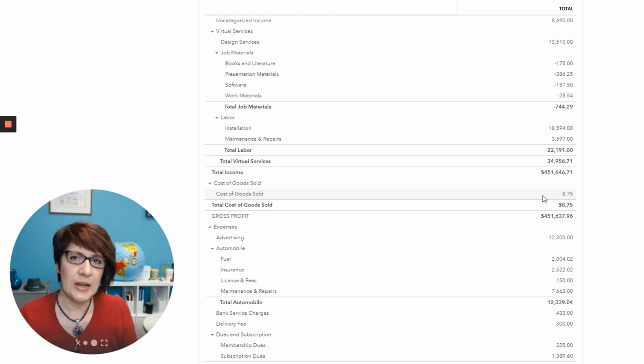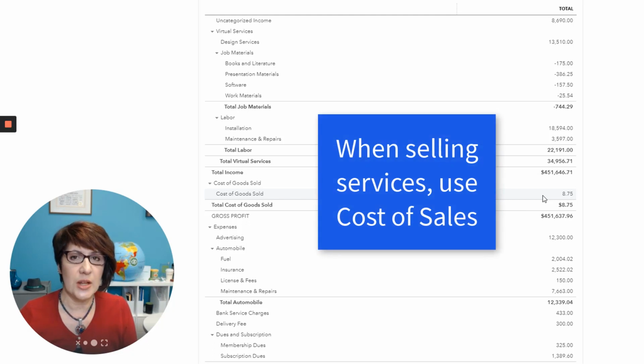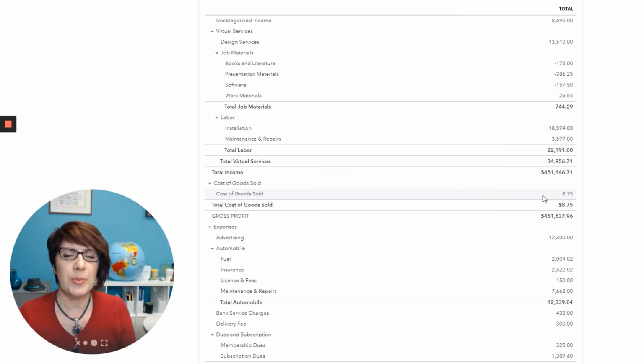Now, for a company that sells services, you sometimes will see that companies don't track cost of sales at all. We would call it cost of sales when you sell services because you're not selling goods. Perhaps in their industry, they may not do that.